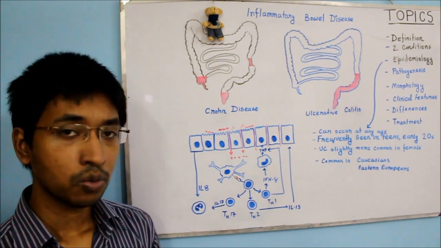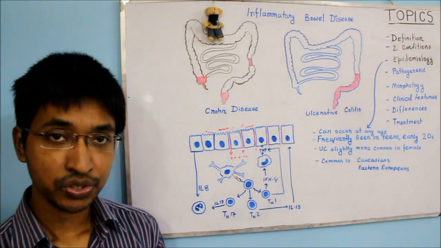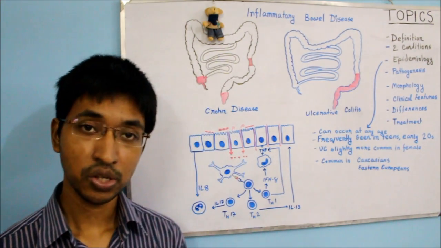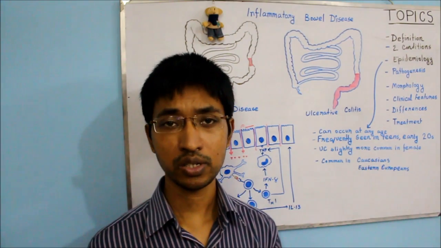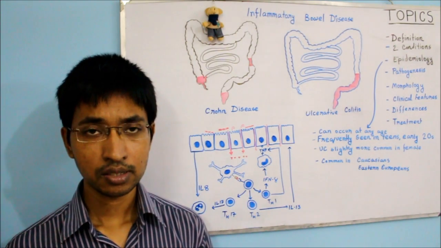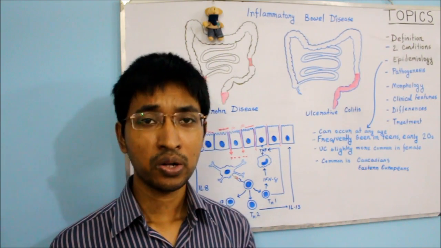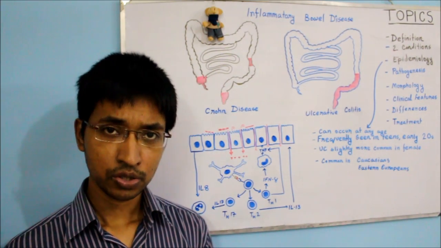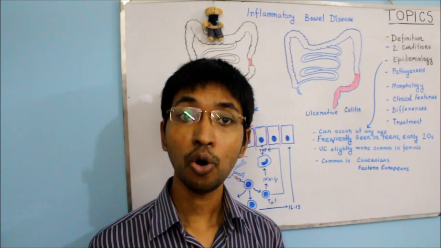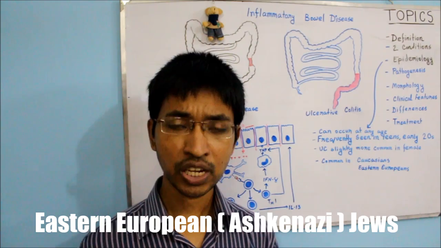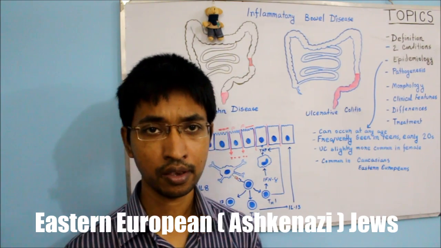Now, inflammatory bowel disease is most common among Caucasians, and in your textbook you will see a very interesting finding, that in the United States, inflammatory bowel disease occurs 3 to 5 times more often among Eastern European Ashkenazi Jews.